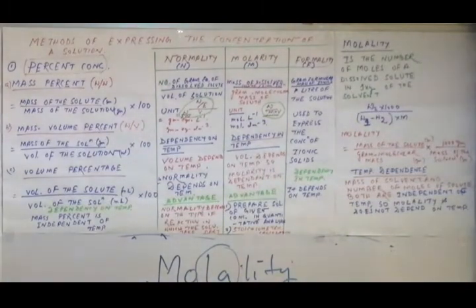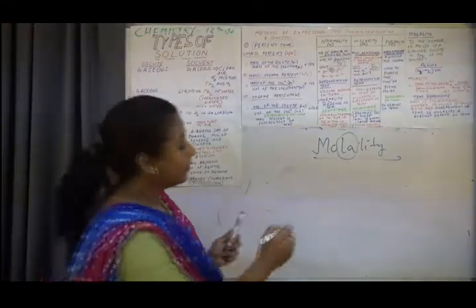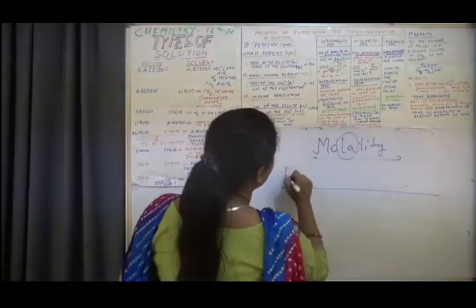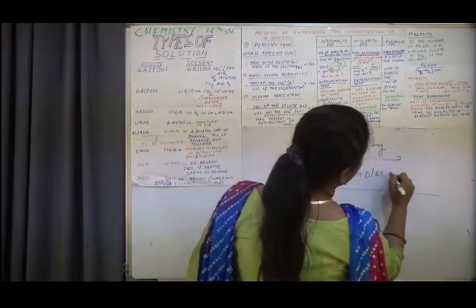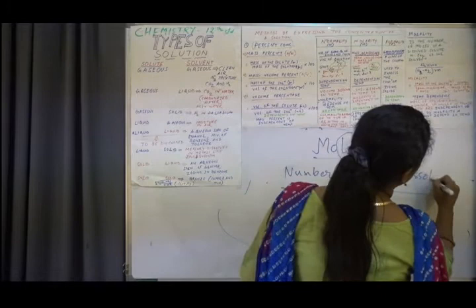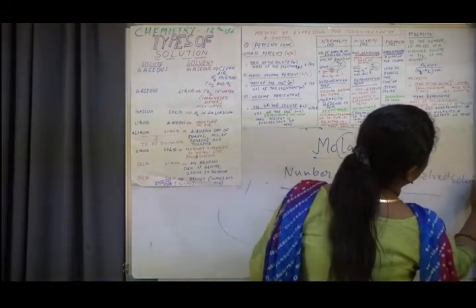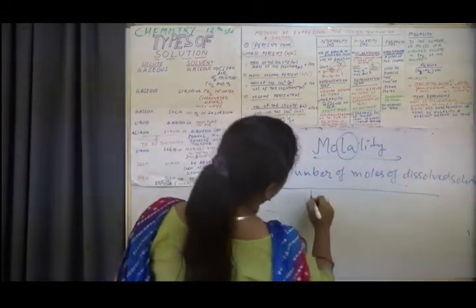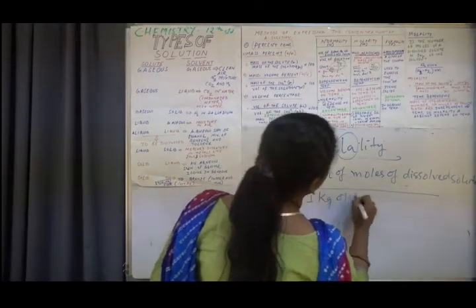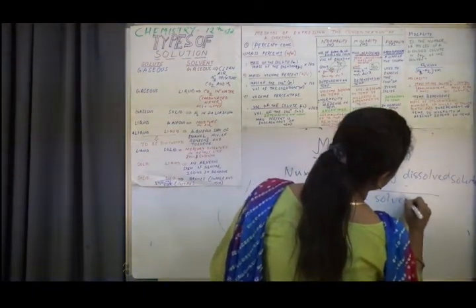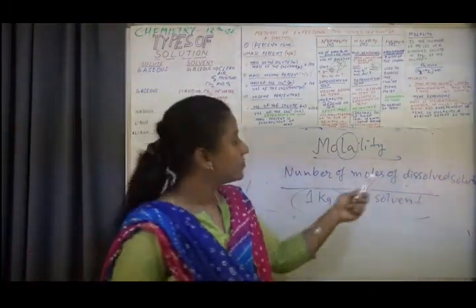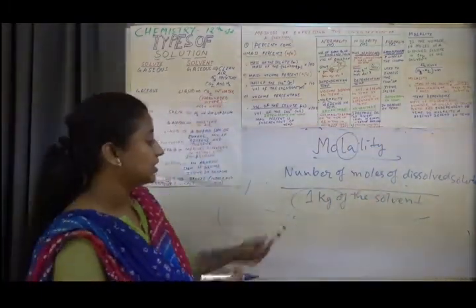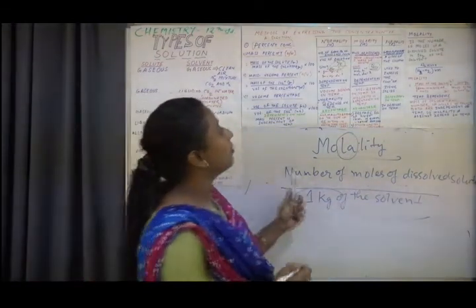It is the number of moles of a dissolved solute in 1 kg of the solvent. Here the solvent is taken in kg. So how many moles of the solute are dissolved in 1 kg of the solvent, that is termed molality.